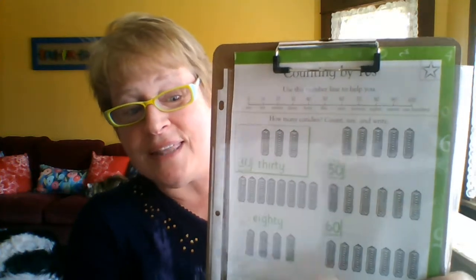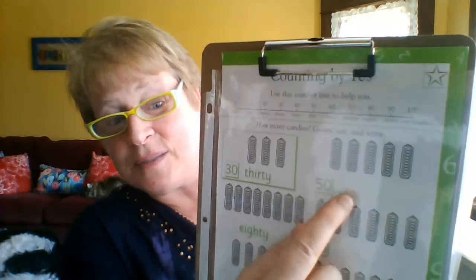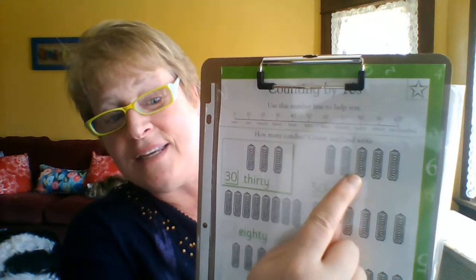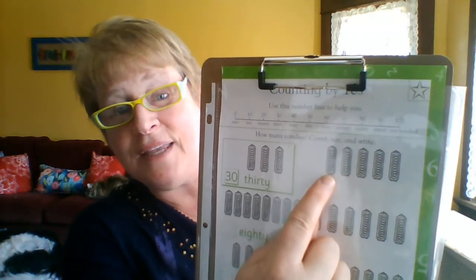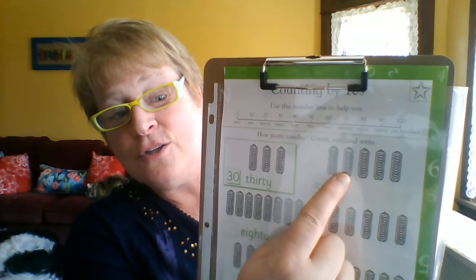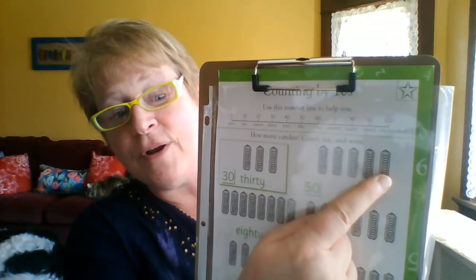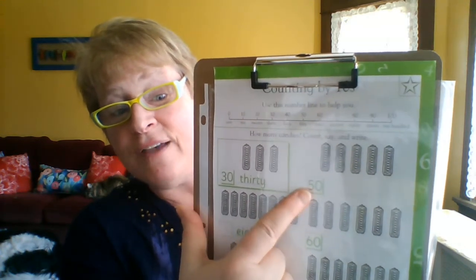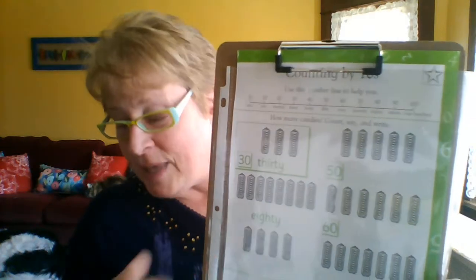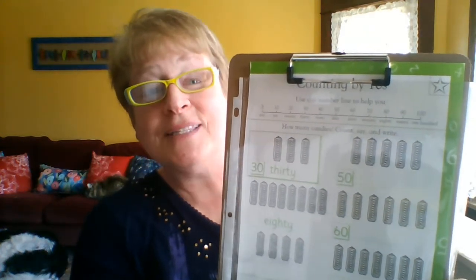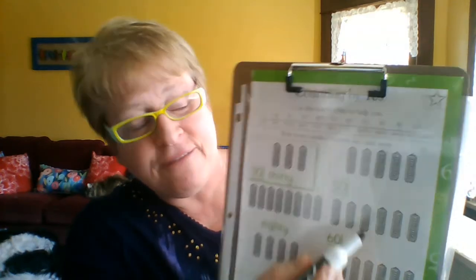Now, looks like they gave us how many were in this next pod. We have 10 in each pod, 10 pieces of candy. And so we have 10, 20, 30, 40, 50. So we have 50 pieces of candy. So now we're going to talk about how we spell 50. Now we hear f, f.